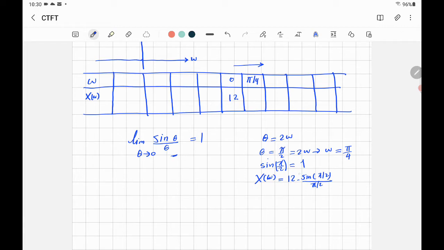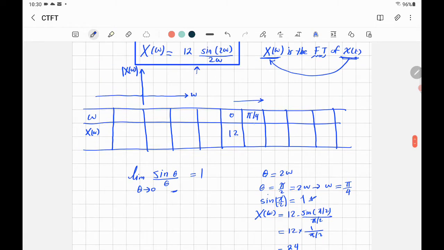We already found this sine value is equal to 1. So we have 12 times 1 divided by pi over 2. So it will be equal to 24 over pi. So you write here 24 over pi.